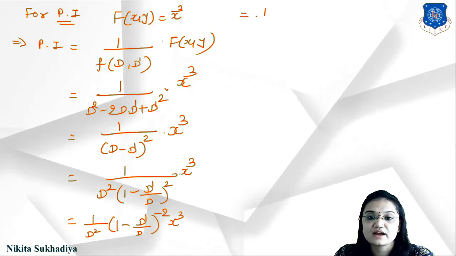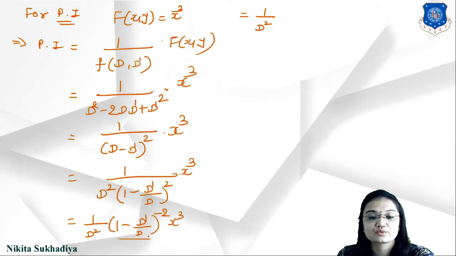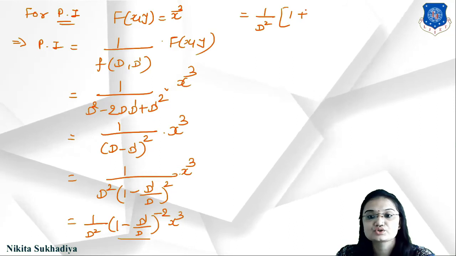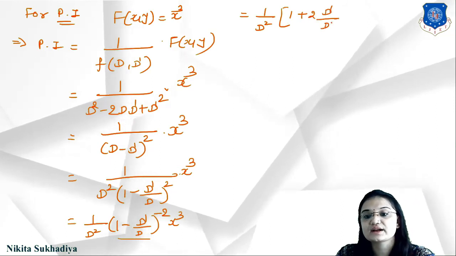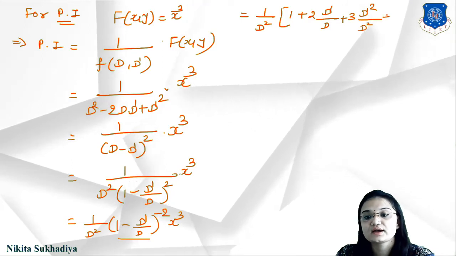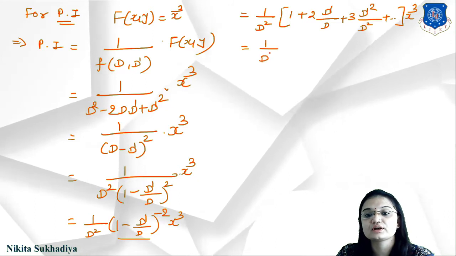Okay, so by using the binomial theorem, expanding this 1 minus D dash upon D whole raised to minus 2, we will get 1 plus 2 D dash by D plus 3 D dash square by D square, and so on. Now we will get only 1 upon D square.